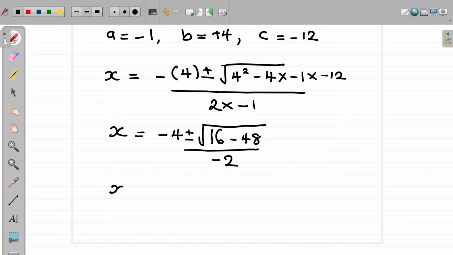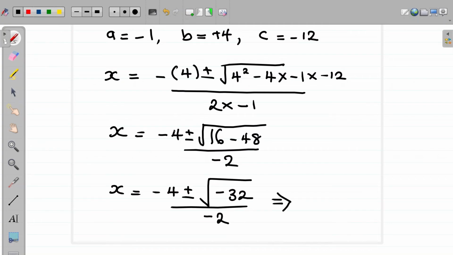So therefore, our equation becomes minus 4 plus or minus root of 16 minus 48 is giving us minus 32, divided by minus 2. And this can further be expressed as minus 4 plus or minus root of minus 1 times 32, divided by minus 2.